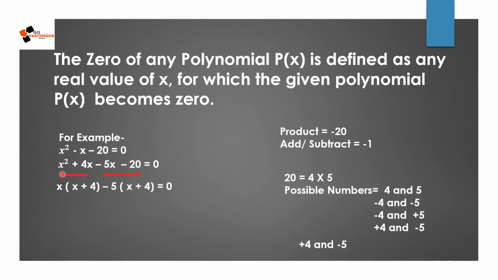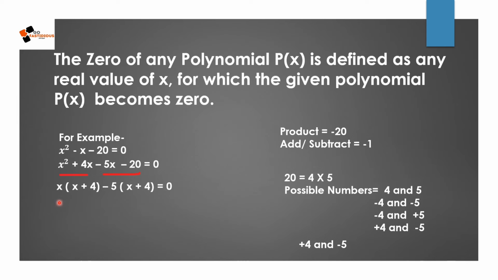So in this first pair, x is common, so I am left with x plus 4. And in the second pair, minus 5 is common, I am left with x plus 4. So you need to be very careful that whatever is there in the first bracket, the same should be there in the second bracket. And let's check whatever we have taken out the common, is it correct or not.